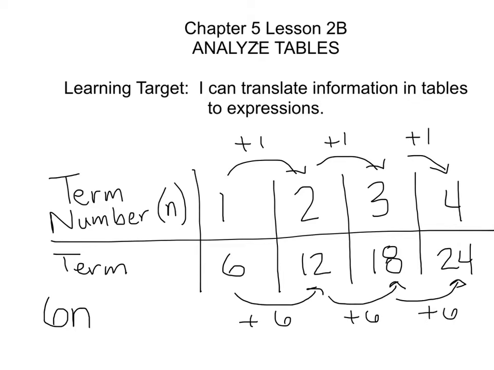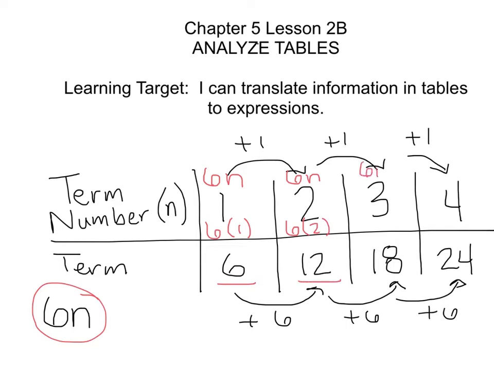Okay, let's look just a little bit further, and I'm going to change ink color here. So what we're meaning when we get this expression is 6n. 6 times 1 should give me the term. Again, my expression 6n, 6 times 2 should give me the term for the second term.